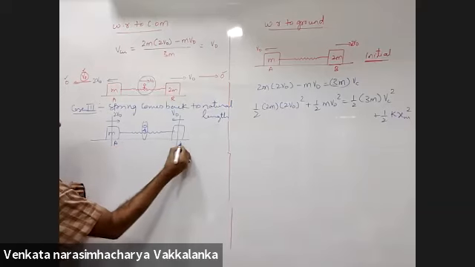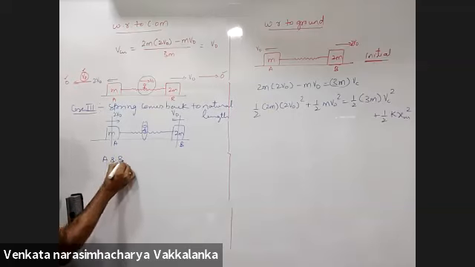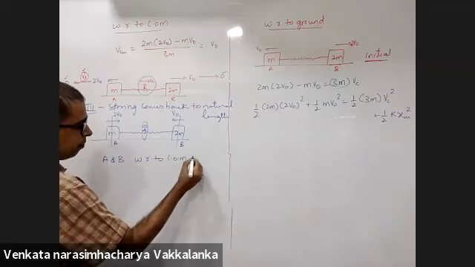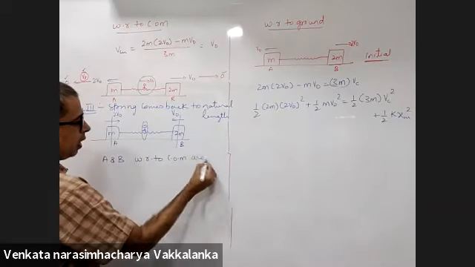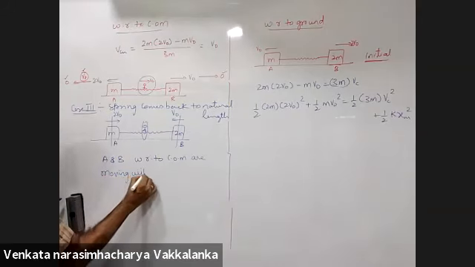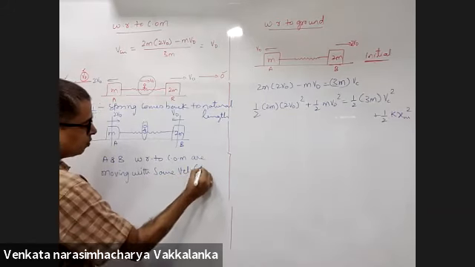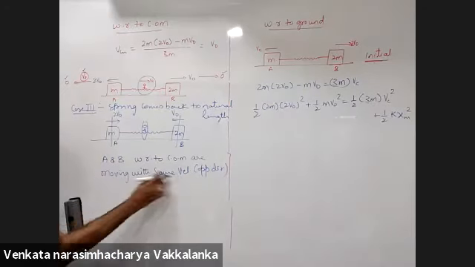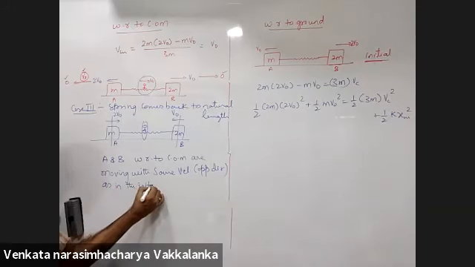Both the masses A and B, with respect to COM, are moving with the same velocities but in opposite direction as in the initial condition.